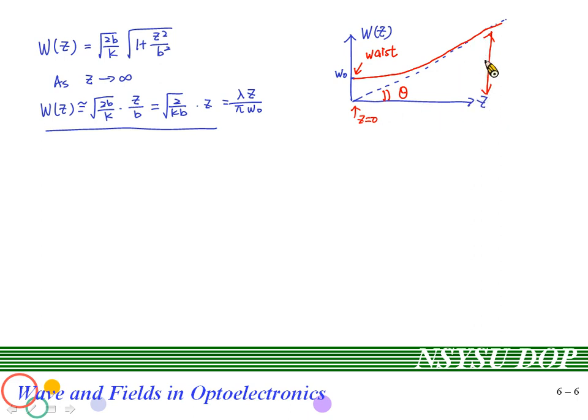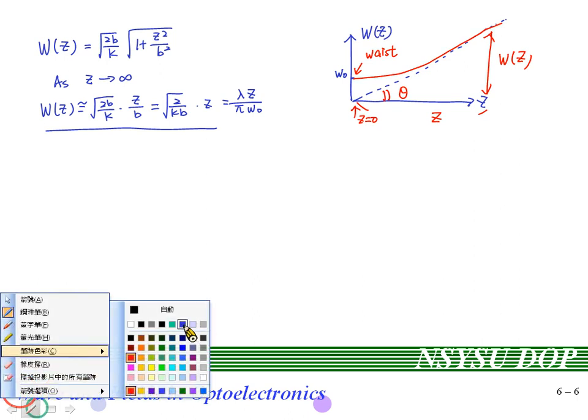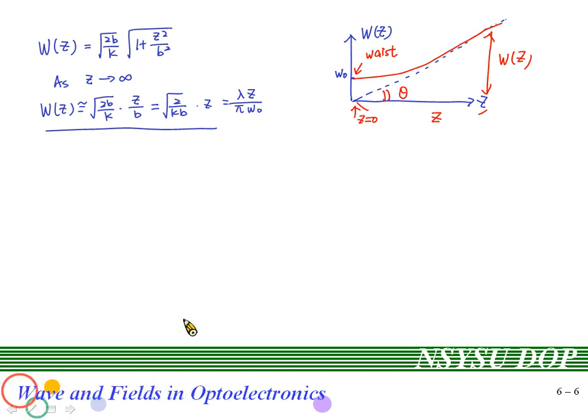According to the plot here, we know that the distance here is capital W of z, and the distance here is z. So it is easy for you to find the angle theta. You can see tangent theta will be capital W of z over z. And as z goes to infinity, we take the approximation back into here. So tangent theta will be lambda over pi W0.